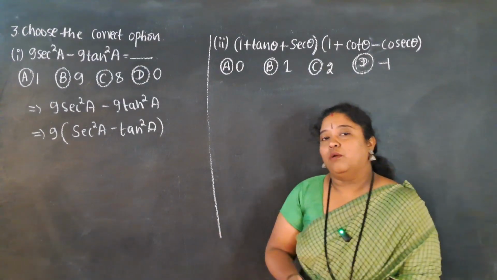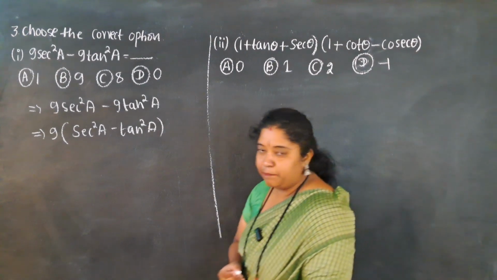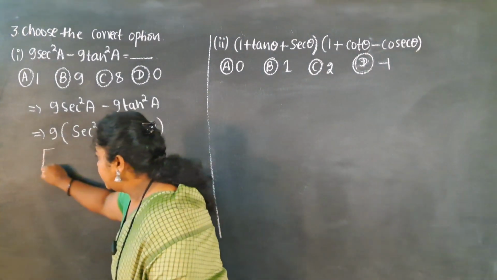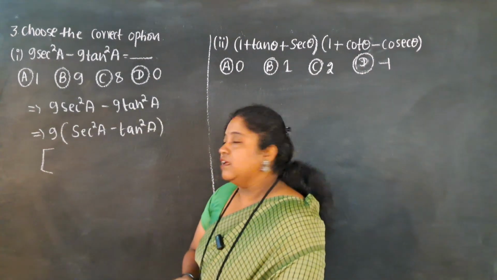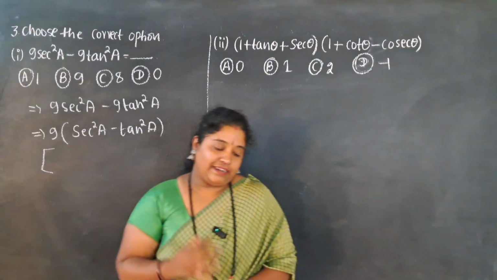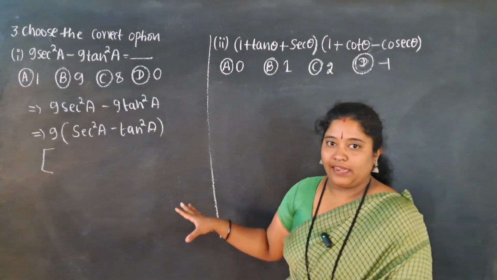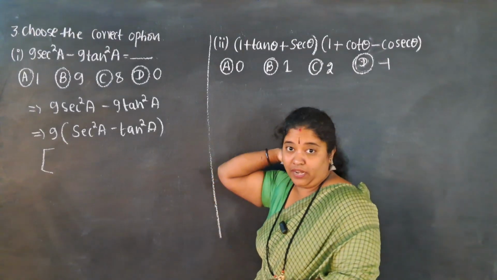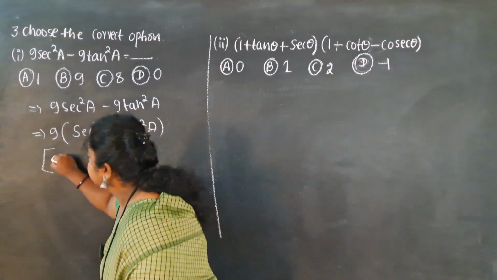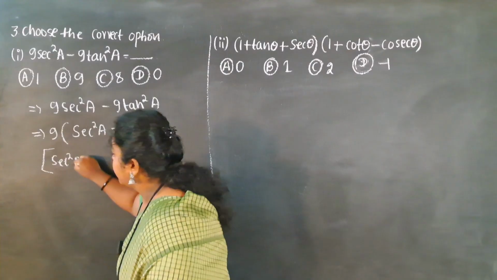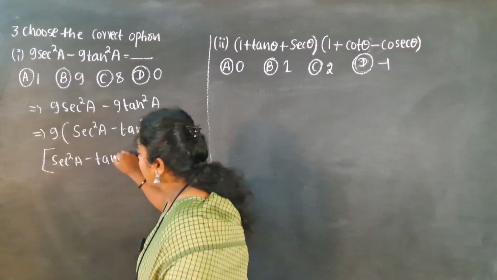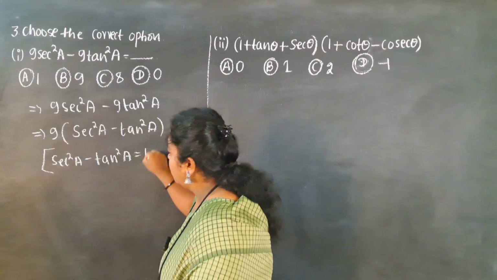Do you remember the trigonometric identities that we have learnt in the previous video or previous classes? The direct trigonometric identity that we have is 1 plus tan square A is equal to secant square A. But now a modified one is nothing but secant square A minus tan square A is equal to 1.